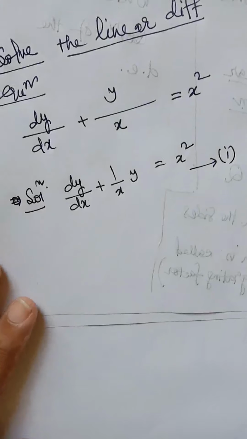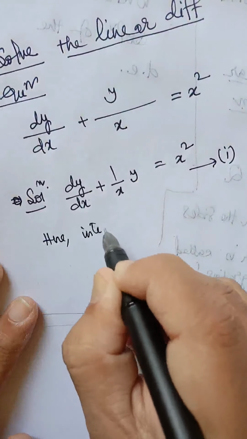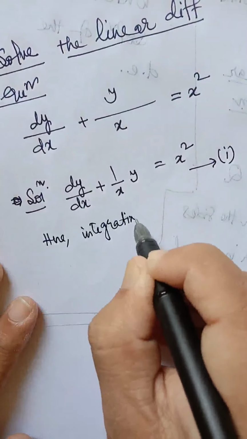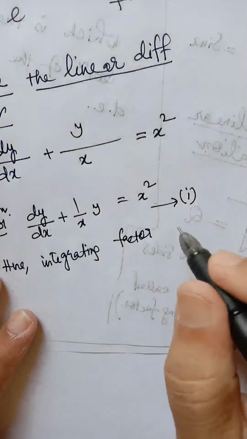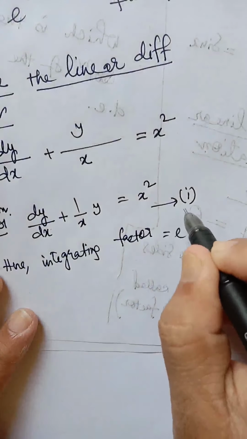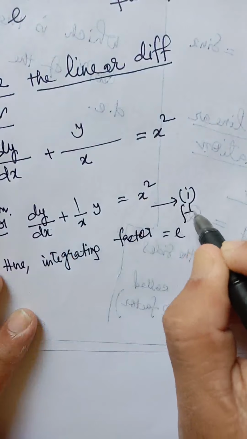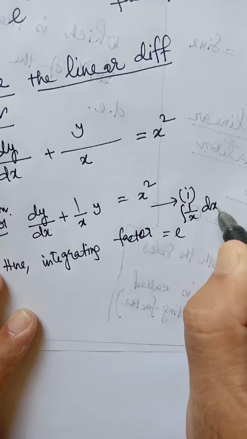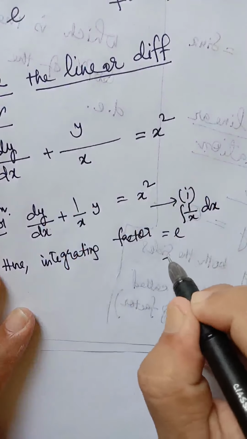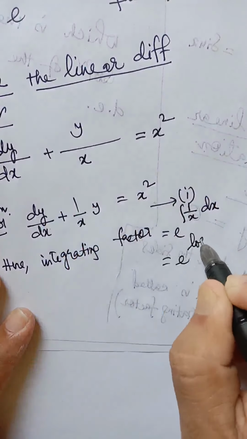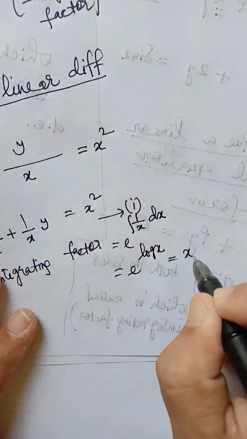Now first we have to find the integrating factor. Here the integrating factor is equal to e to the power integration of p dx, where p is 1 by x. So it equals e to the power integration of 1 by x, which is log x, and e to the power log x is x.